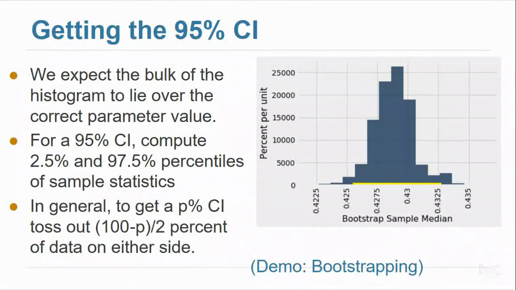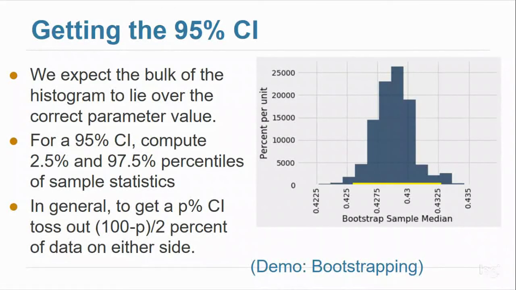So we'll throw out the bottom 2.5% of our statistics, and we'll throw out the top 2.5% of our statistics. That leaves 95% of our statistics, and we'll use these values as the endpoints of our confidence interval.